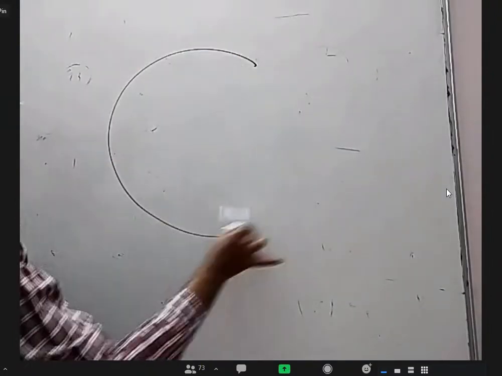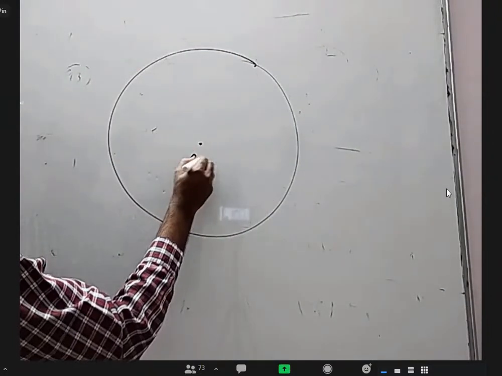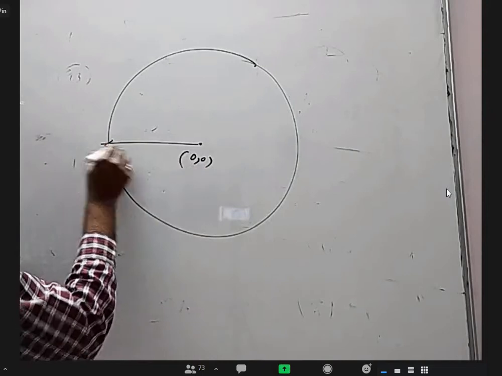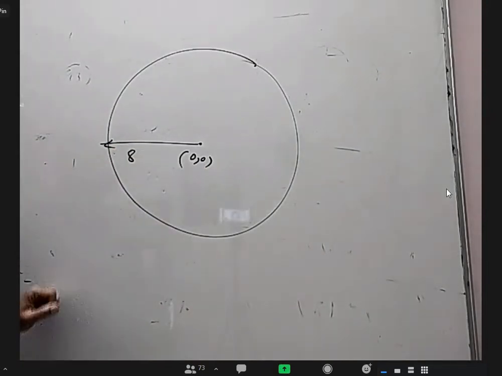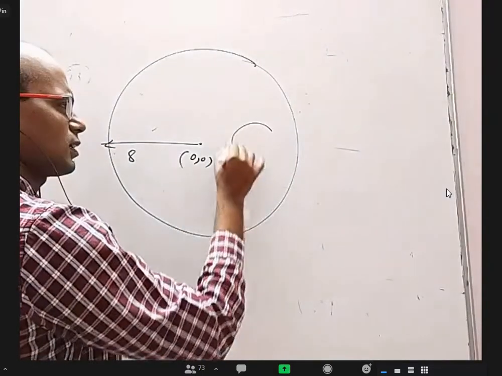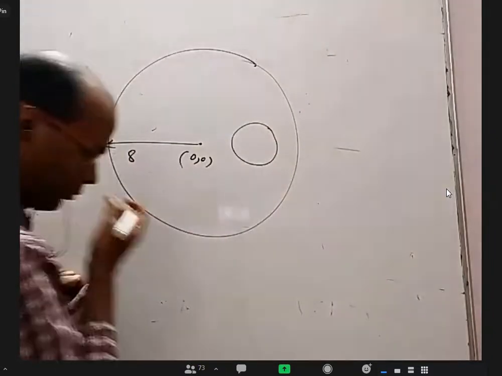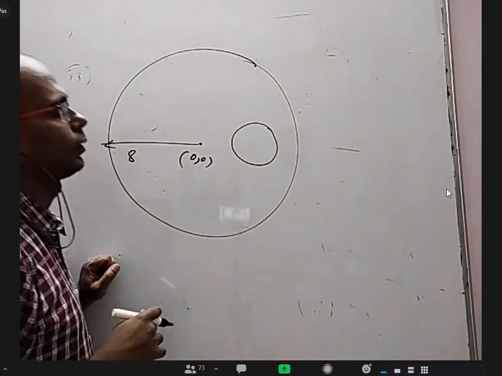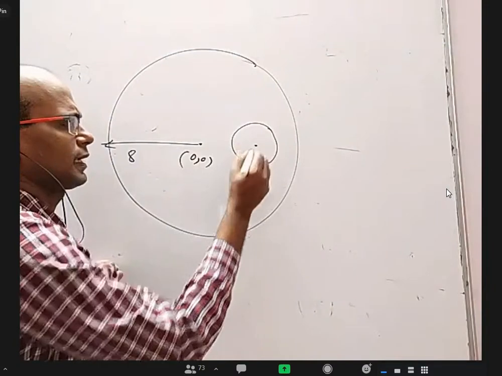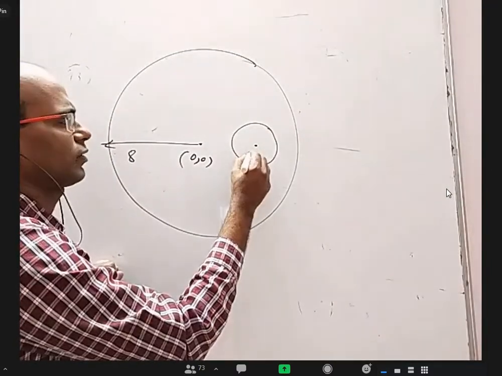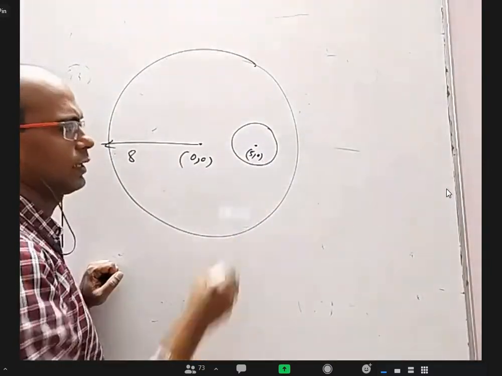This is a circle with center 0, 0 and radius 8. There is another circle with center 5, 0 and radius 1.